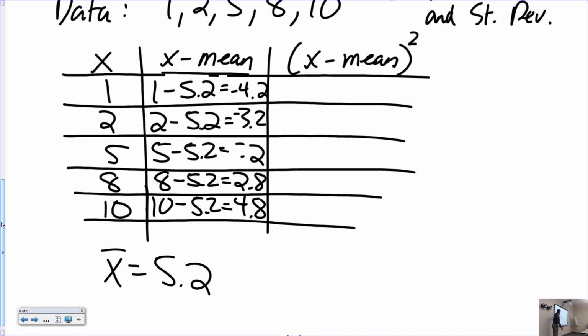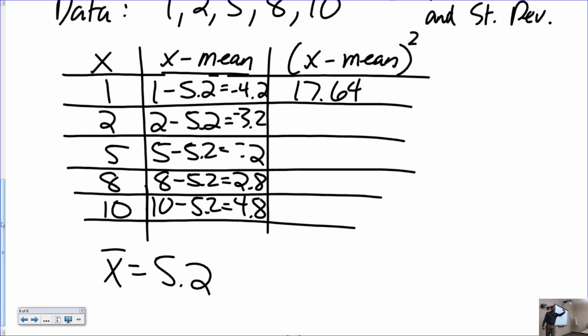Now, for us, we don't care because we're going to square those. So, what is negative 4.2 squared? Just get out your calculator. 4.2. You don't need to put the negative in, folks, because you know the negative is going away. Even if the calculator doesn't make it go away, you're smarter than your calculator. 17.64. Awesome.